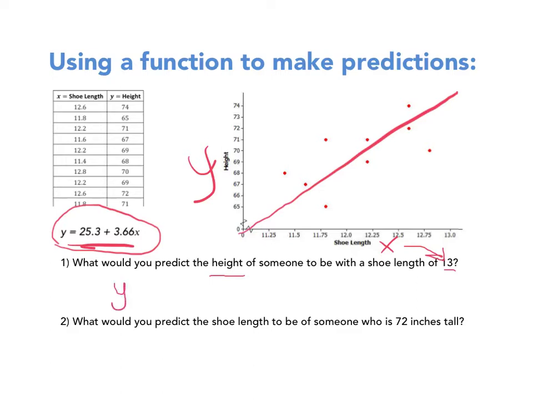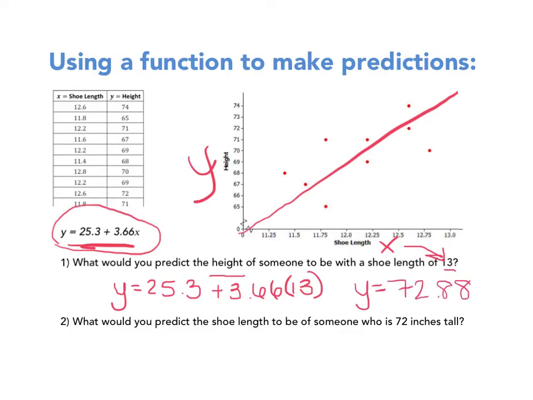And we'll say y equals 25.3 plus 3.66 times 13, my shoe length. X is my shoe length. I'm going to plug it in. And when we solve this, we get y equals 72.88. So you can predict that someone with a shoe length of 13 would be about 72.88 inches tall.